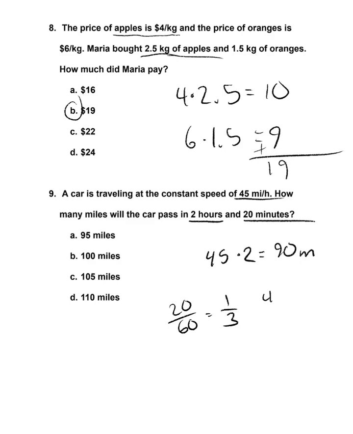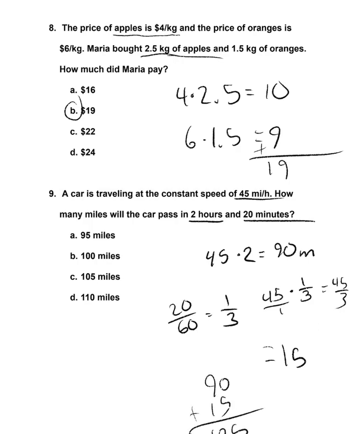So 45 times 1/3 is equal to 45 over 3, which is equal to 15. So 90 plus 15 is equal to 105.